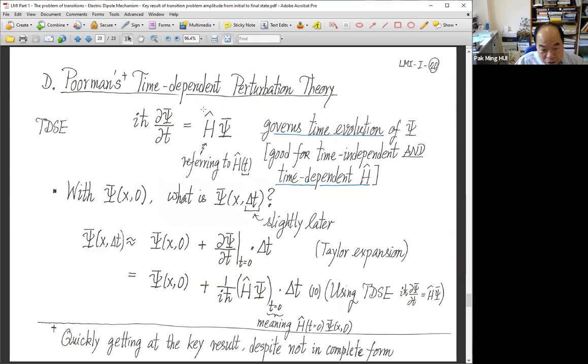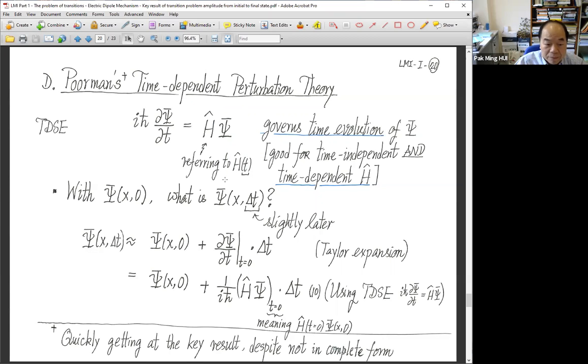This H is the full Hamiltonian of the problem. In our context, before time 0, so negative time, it is the atom only. After t equals 0, it is the full Hamiltonian with the interaction part. So let's think about it as the full Hamiltonian with the interaction part.